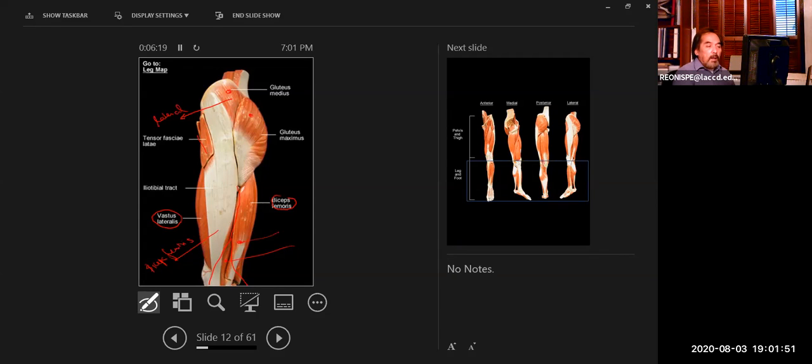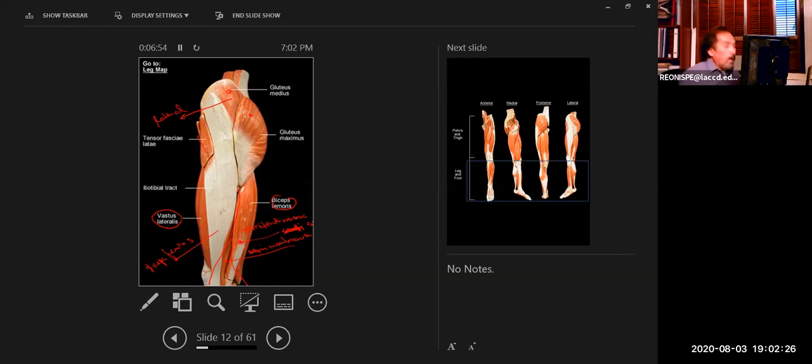So I got the more superficial semitendinosus. It actually means like a tendon, semitendinosus. And then the one here is going to be the semimembranosus.